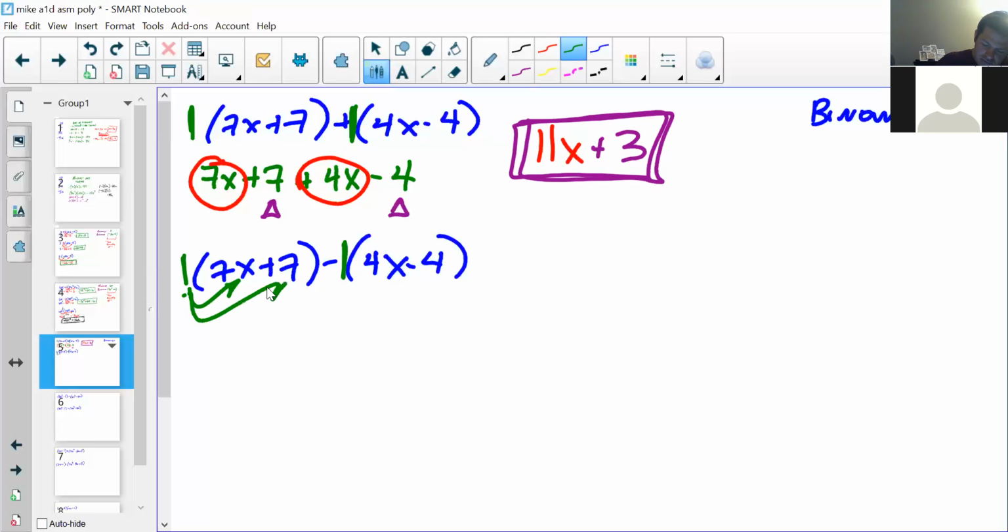And previously, same exact thing here, 1 times 7x is 7x, 1 times 7 would be positive 7. Here, however, we got to be careful. I'm distributing negative 1, not positive 1 like the previous example. Negative 1 times 4x would be negative 4x. Negative 1 times negative 4. If there's a mistake to be made in this problem, my assumption would be that would be the spot. Negative 1 times negative 4 would be positive 4.